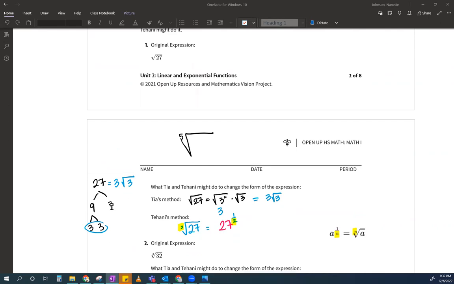So 27 equals 3 cubed, right? Hold on a second. Okay. So now I'm going to write this as equals 3 cubed to the 1/2. Does everybody see that? 3 cubed is 27, to the 1/2.